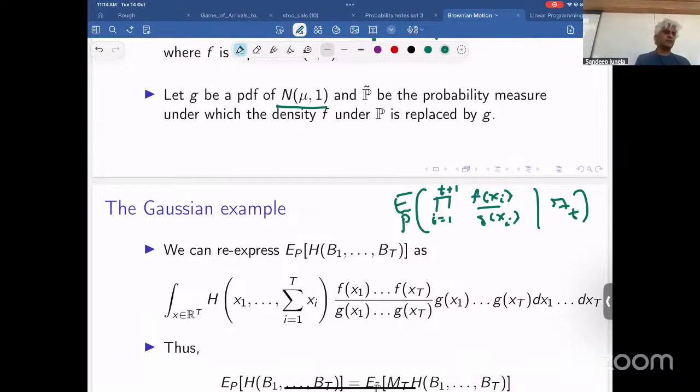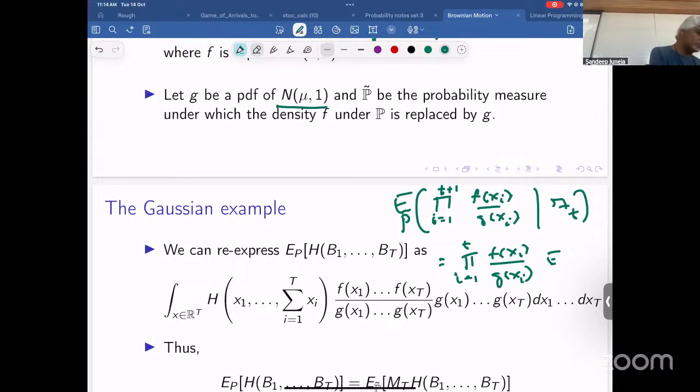Now you can see that the product terms come outside, right? They're known already. So this is equal to the product over i equal to 1 to t of f(x_i) by g(x_i), and then I have the expectation of the remaining term. Because of independence, that is just the expectation of f(x) by g(x).